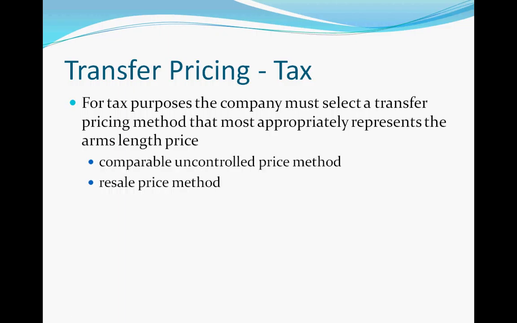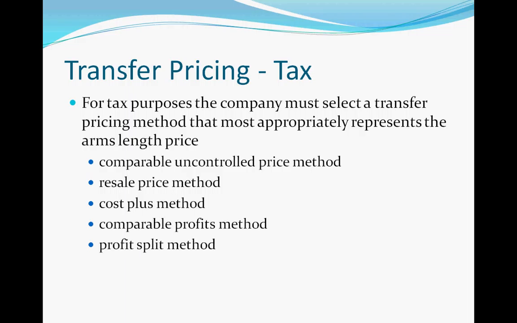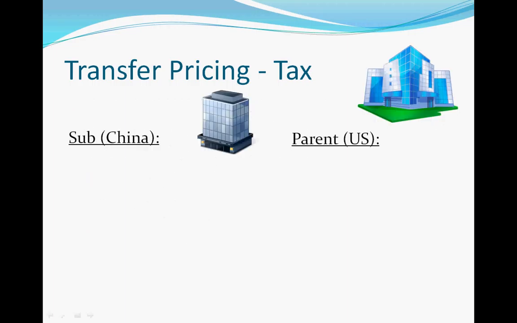both jurisdictions. Going back to the example before, if we assume all the same facts, that the sub sells 10 tables to its parent, it would have sales of $6,000, cost of goods sold of $2,500, net income of $3,500. And assuming that the tax rate in China is 25%, S company will pay $875 in taxes to the Chinese government.